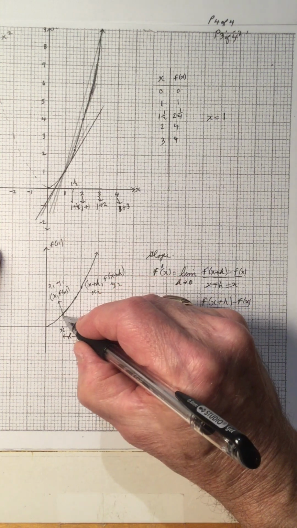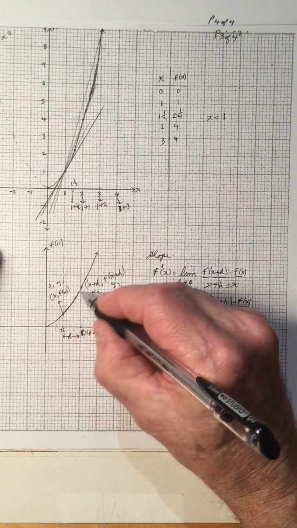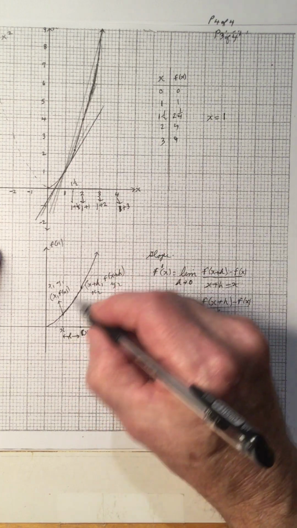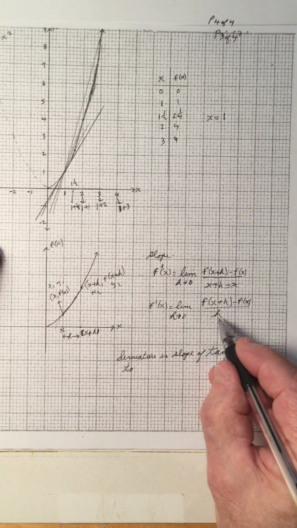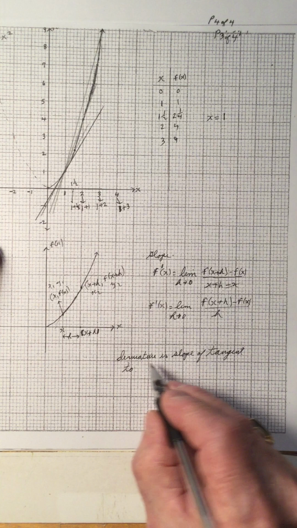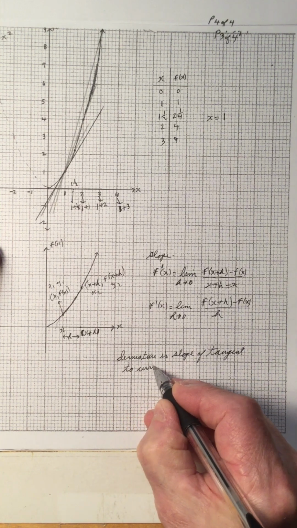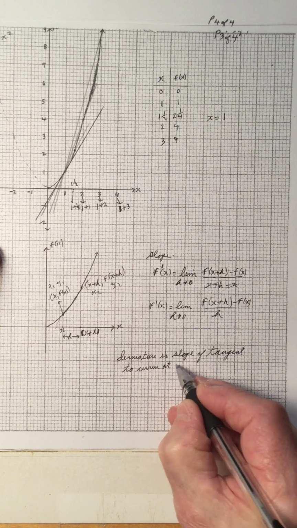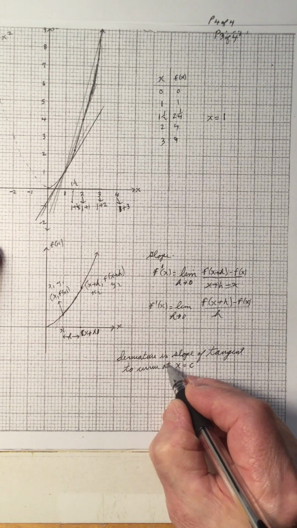So if you draw a tangent, if you pick this point, again, this is a secant here, but if you have it very, very close, as h approaches 0, the derivative is the slope of the tangent to the curve at x equals c, some constant number.